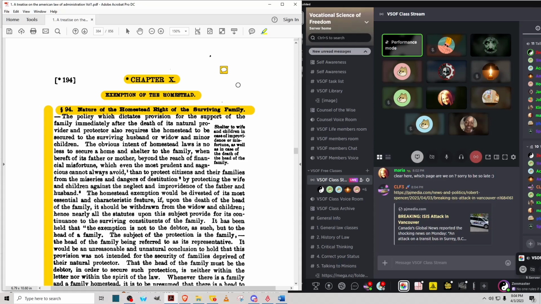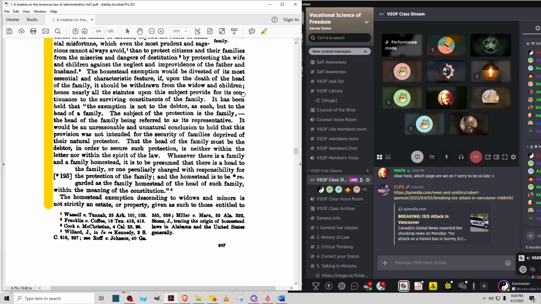The homestead exemption would be deprived of its most essential and characteristic feature if, upon the death of the head of the family, it should be withdrawn from the widow and children. Hence, nearly all the statutes upon this subject provide for its continuance for the surviving constituents of the family. It has been held that, quote, the exemption is not to the debtor as such, but to the head of the family, the subject of the protection of the family, the head of the family being referred to as its representative.